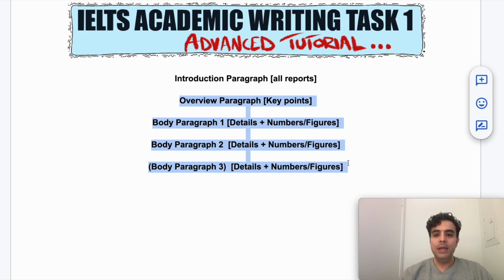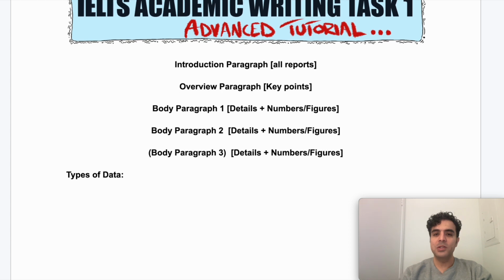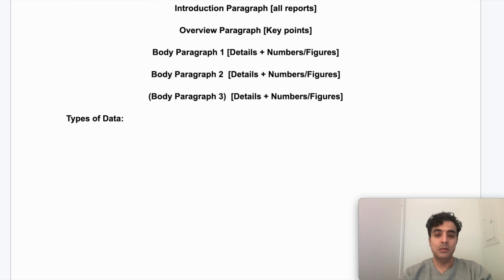So if we summarize what we've looked at before, we have 3 types of data in the IELTS Task 1 writing prompt. And these are interval data, which, if you recall, refers to changes over time.